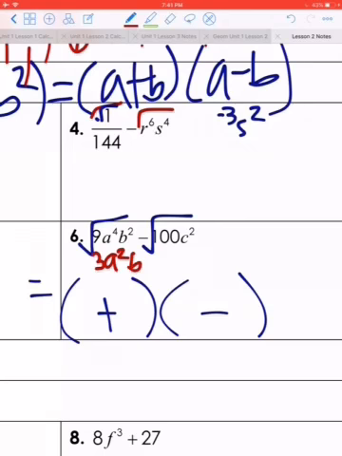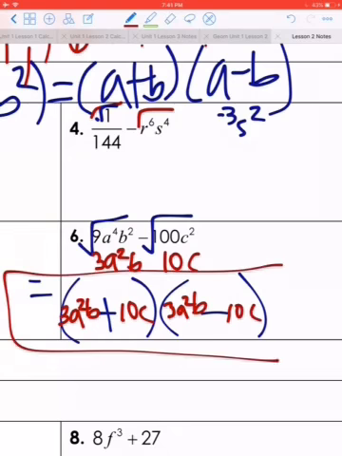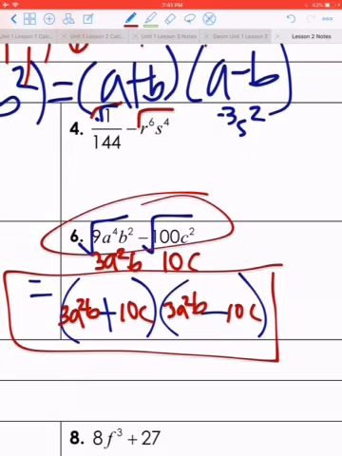Then the square root of 100 is 10, and the square root of c squared is c. So this is just 3a squared b plus 10c times 3a squared b minus 10c. And if you are curious, you can rainbow and smiley face and see if you get what you started out with, and you should.